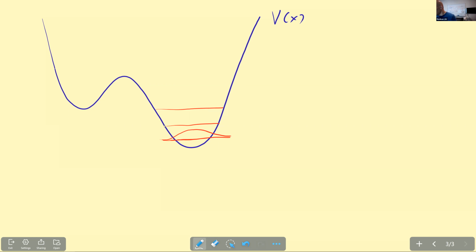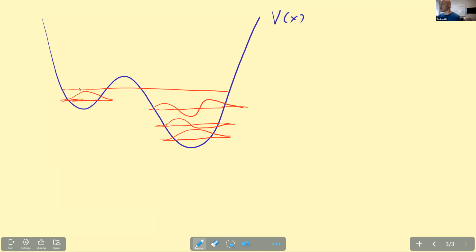Okay, and then you have the first excited state, and then you have the next one. But then for the high energy, for this one, you also have some state like this one. The wave function will be more or less like this. But then for the high energy states, you can have the mixing of the two quantum wells.